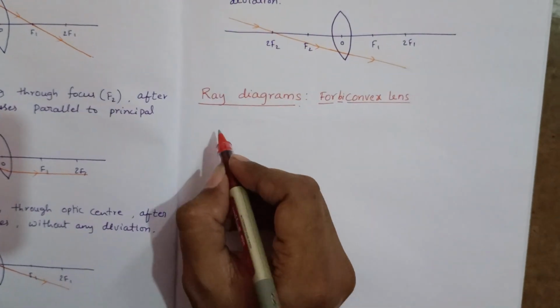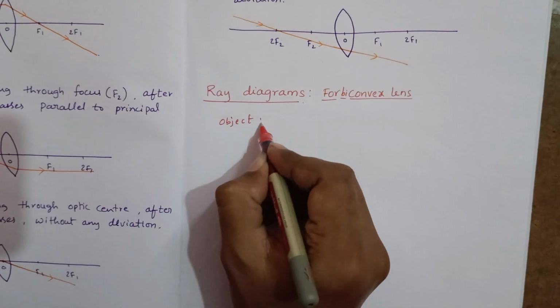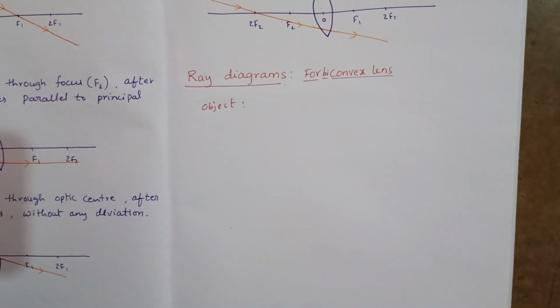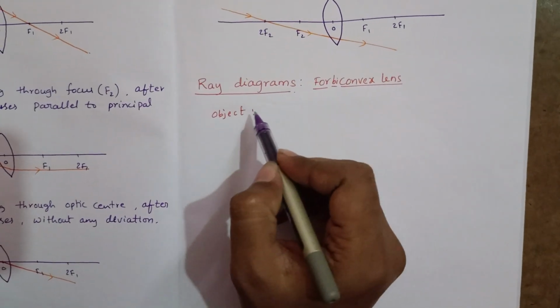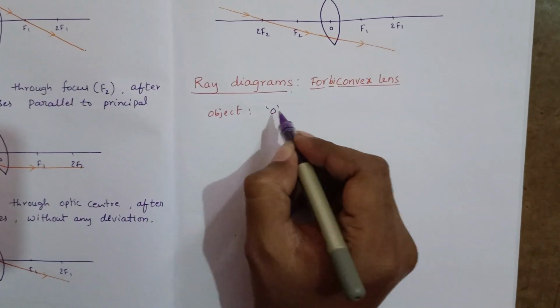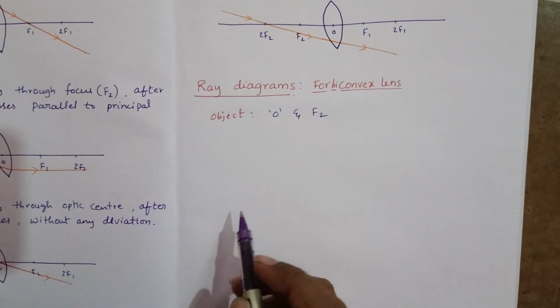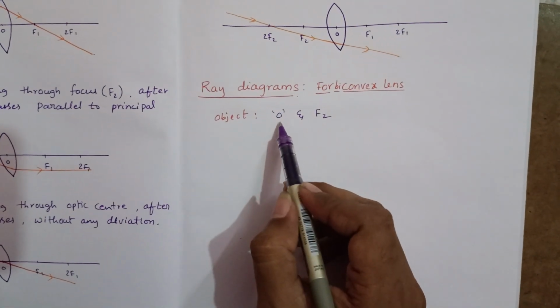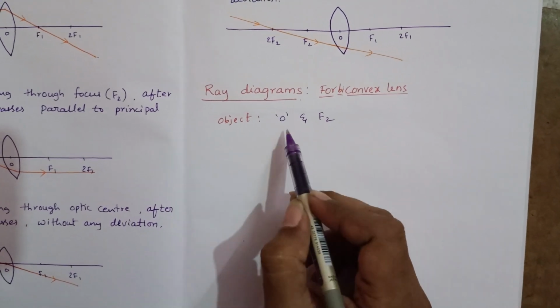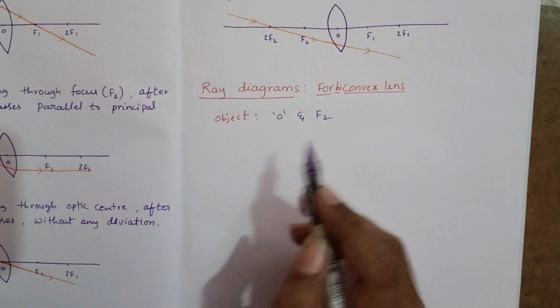First we will see the object placed between optic center and f2. O means optic center, f2 focus.